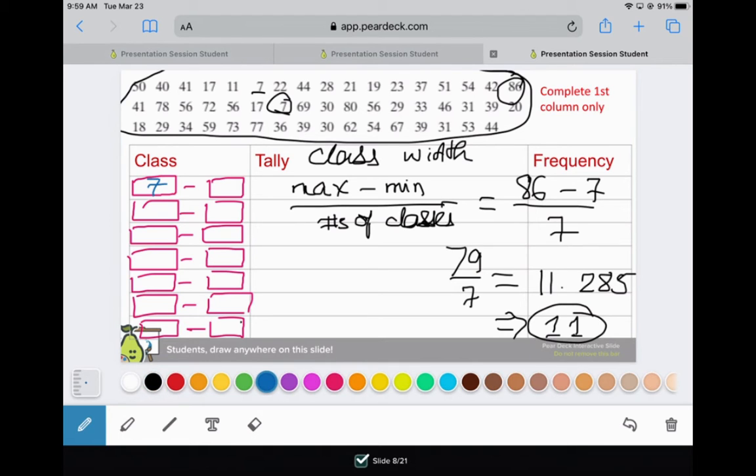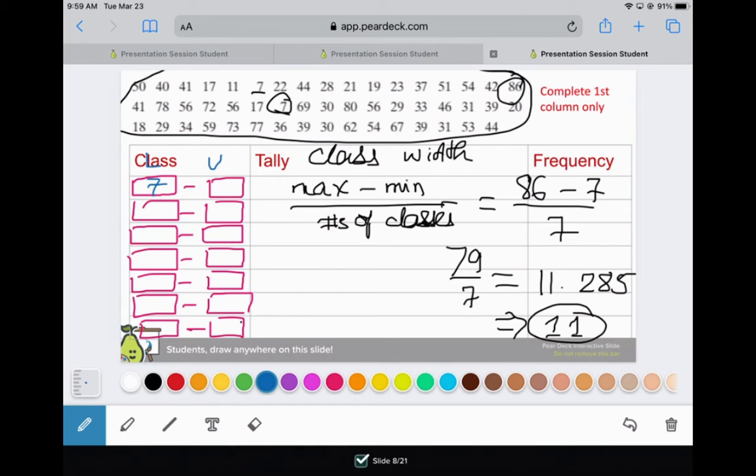That's good. We start with the lowest number. And then to get to the next one, this is my lower limit, this is my upper, right? There is a reason I spent the last 2 minutes to figure out the class width, because I need to use it.